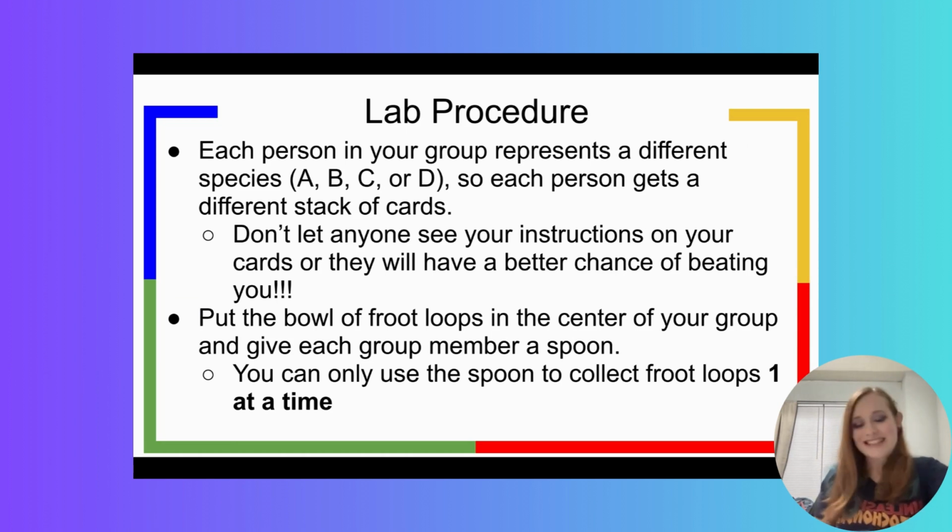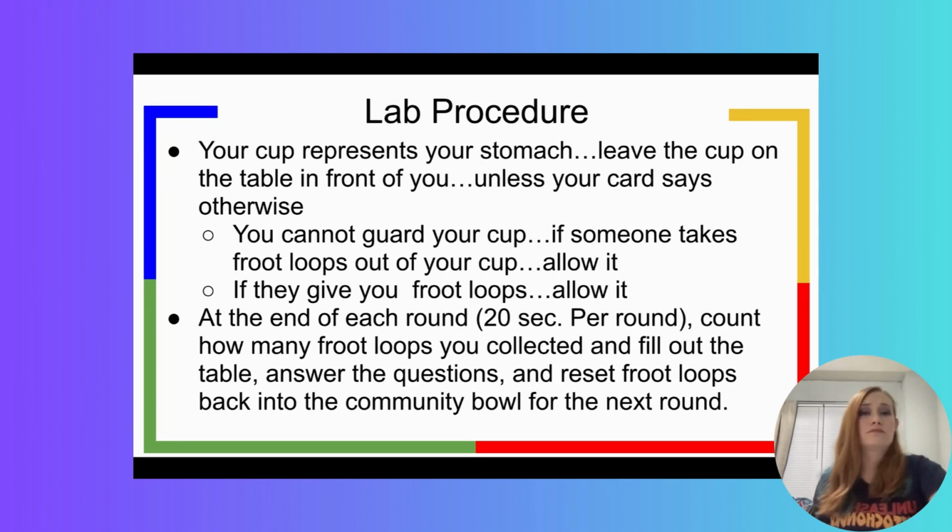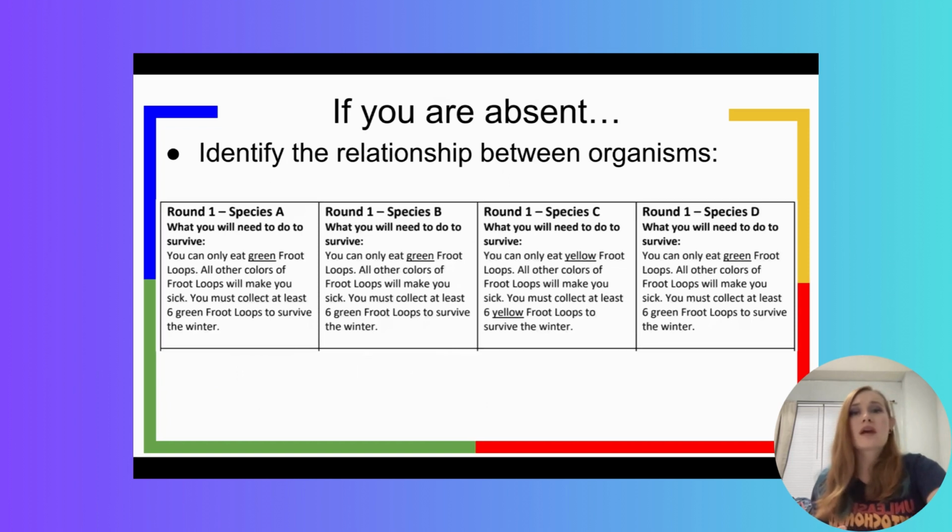Okay, so technically, if you are watching this video, it means that you missed the lab day. So instead of having you do the lab on your own, you are going to go through the cards yourself and try to figure out the relationship between these organisms. You're going to start with round 1. You are going to ignore the results table. You can completely get rid of the results table. We are going to look at the conclusion part.